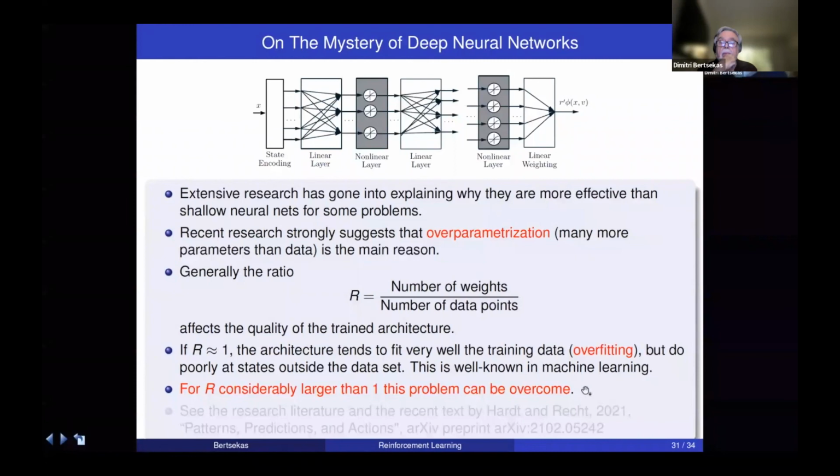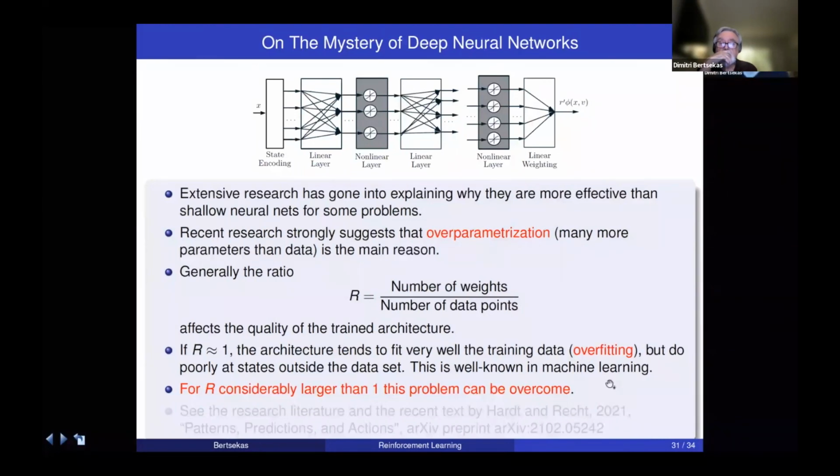It's a quite revolutionary insight, because it turns the entire machine learning field on its head. People were thinking to take R significantly less than 1, and now people are saying take R significantly more than 1. Moreover, use deep neural networks, because then naturally you get more weights than data points. So that's where it's at.